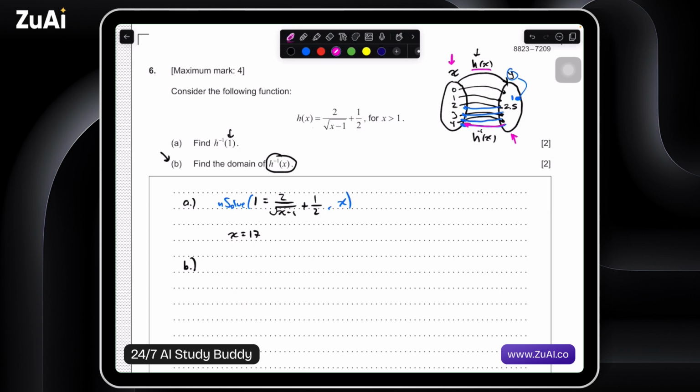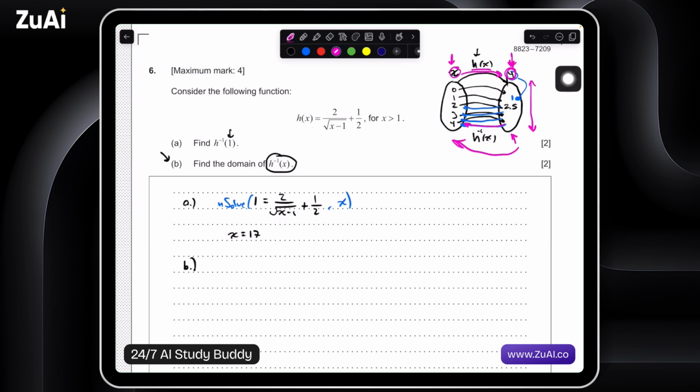So how can we do this? H of x, we have inputs and they generate an output, but they'll only generate certain outputs. What are all of the outputs that are generated? If we know all of the outputs that are generated, then those outputs themselves must have an input. So let's find out the total collection of outputs.